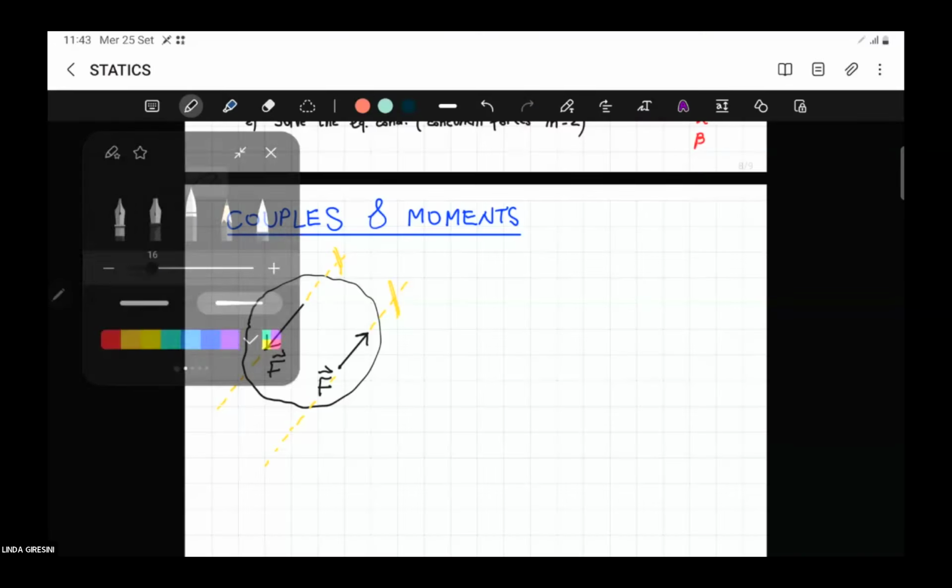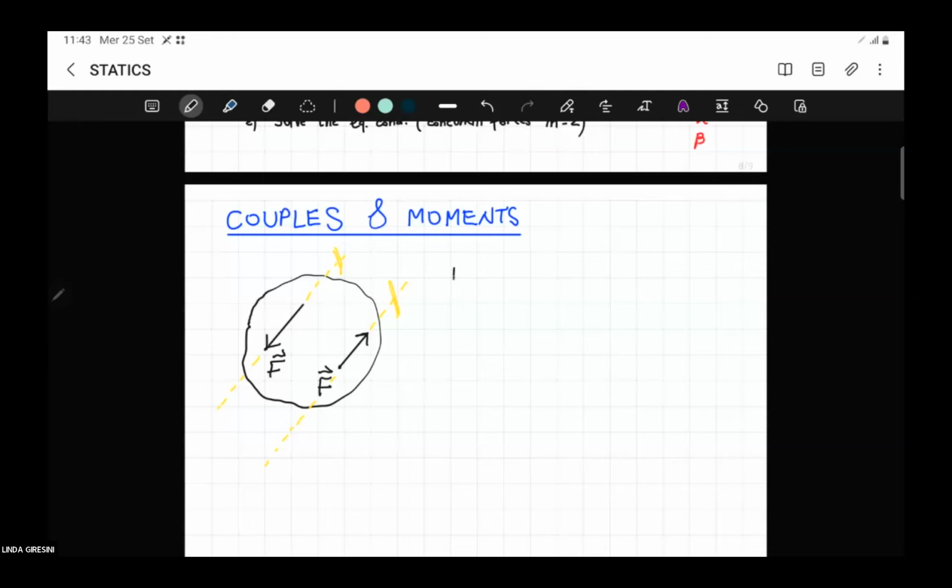Okay. So these forces have the same magnitude. We can give a definition about what is a couple.